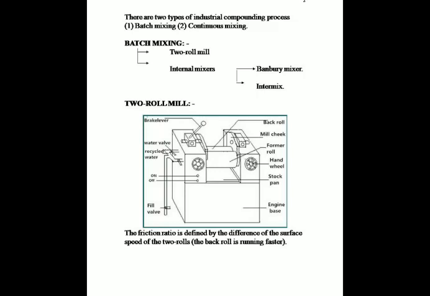The roll nip can be adjusted by moving the front roll. It can be operated either by hand, or electrically or hydraulically operated. And this is the bottom pan.